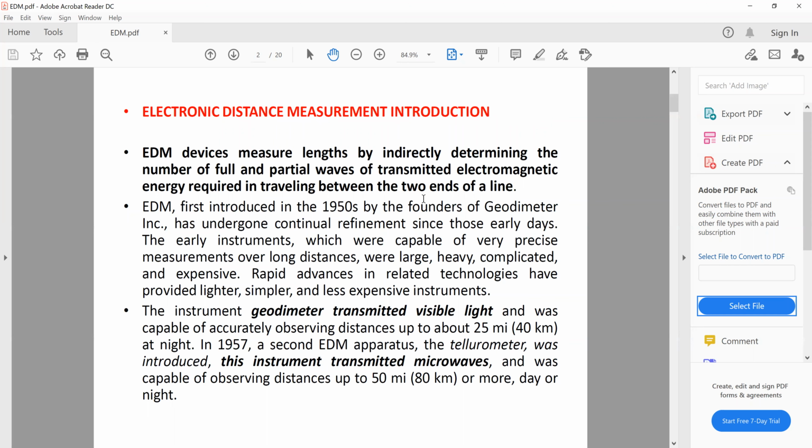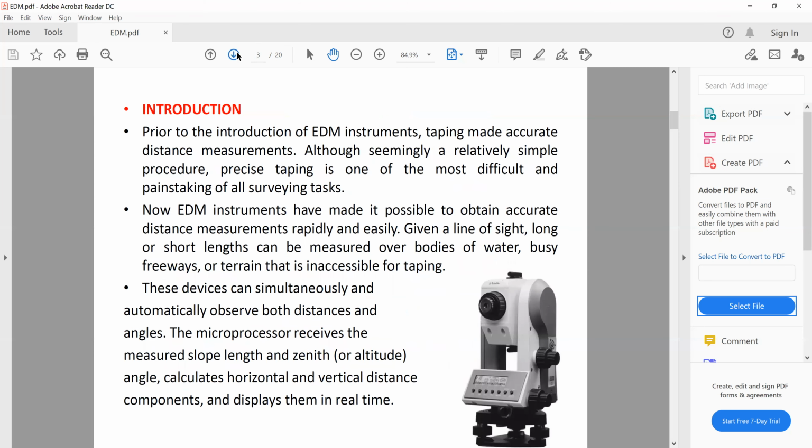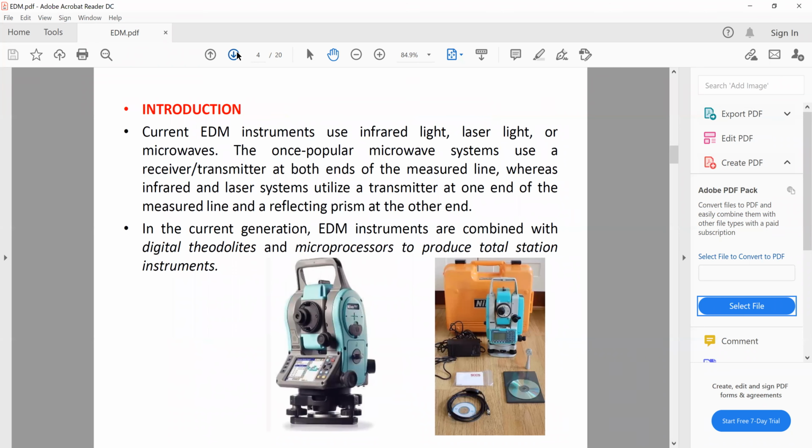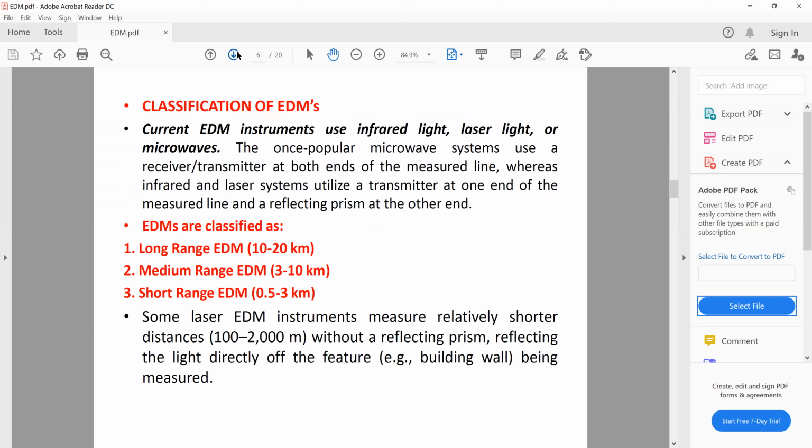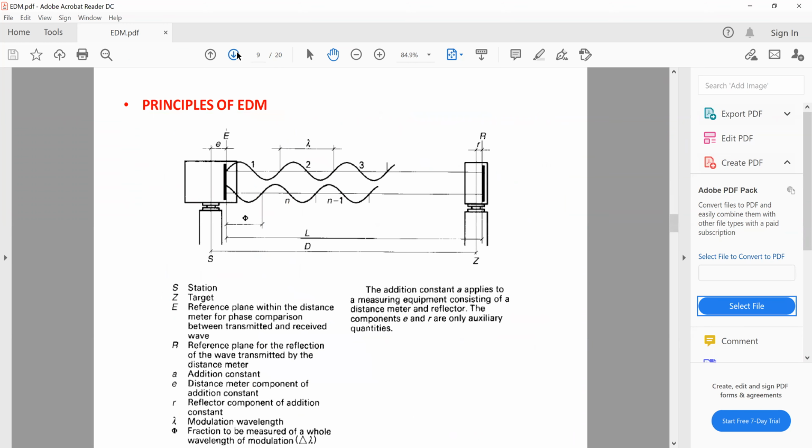So in this method, let's see a picture from where you can understand. From this diagram, let's say you have one instrument over here. So that would be our transmitter. And on the other side, you have a reflector. What we are supposed to do is find out the distance between these two.